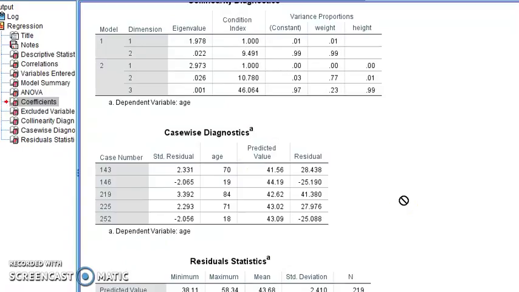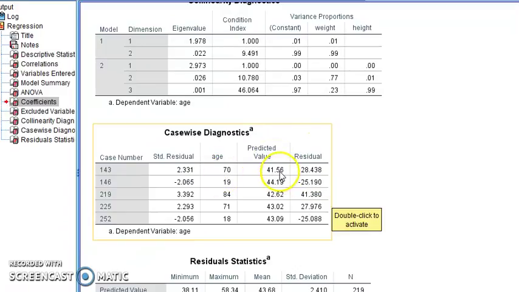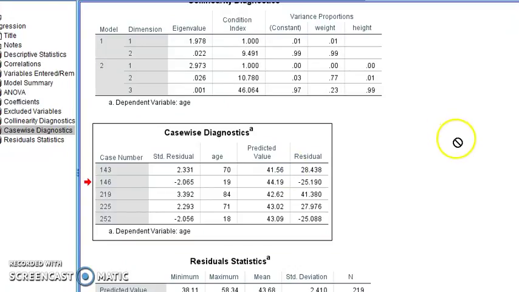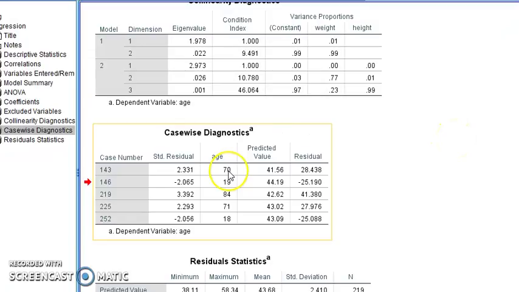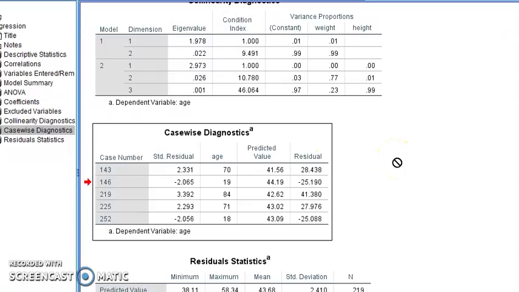So what this is telling us is that in our model, in our linear regression equation, if we inputted the height and weight, our regression equation would predict 41, 56, but actually the age was 70. And so these 5 cases were what we consider outliers, and you can see your standard residuals being plus or minus 2 or greater standard residuals away.